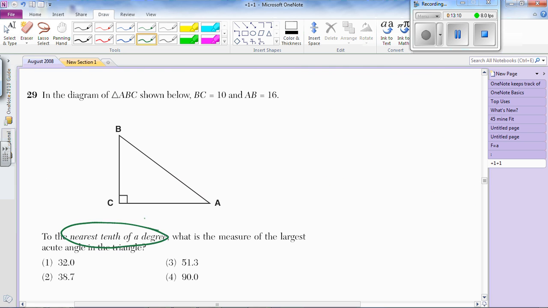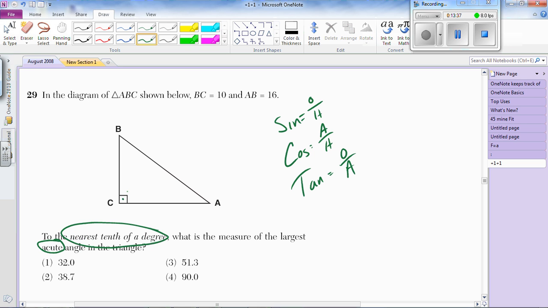Anytime I'm asked for an angle, I'm going to use sine, opposite over hypotenuse. Cosine is adjacent over hypotenuse. And tangent is opposite over adjacent. So we want to know the largest acute angle.